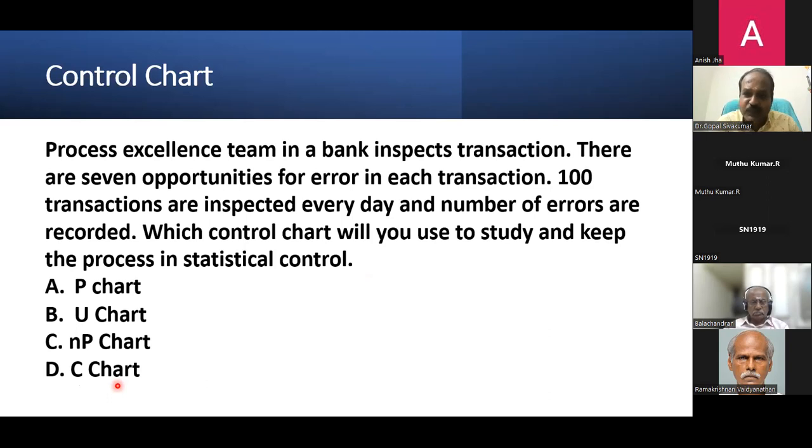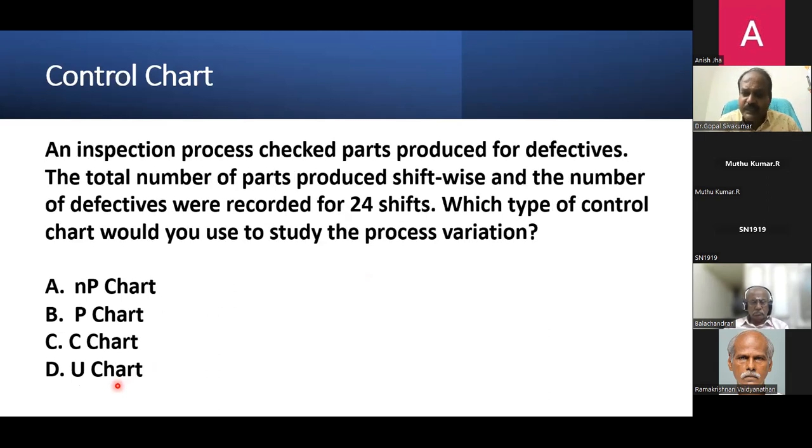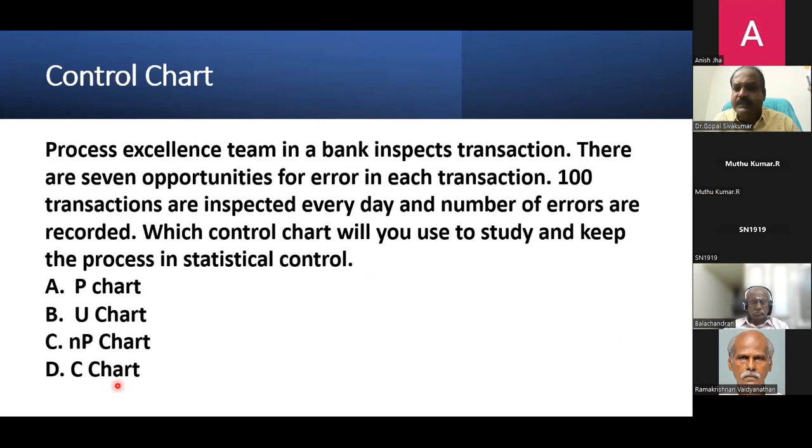If the bank IFSC code is mentioned wrongly, the transaction is a failure. Now 100 transactions are inspected every day and the number of errors is recorded to see whether the process is under control or not. Which control chart will you use to study and keep the process in statistical control?